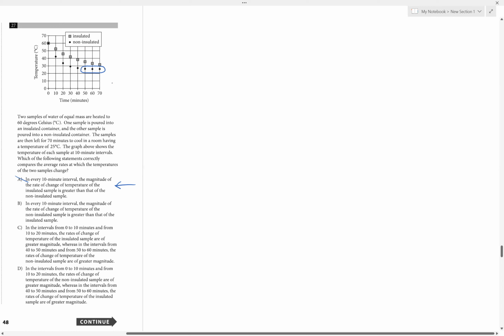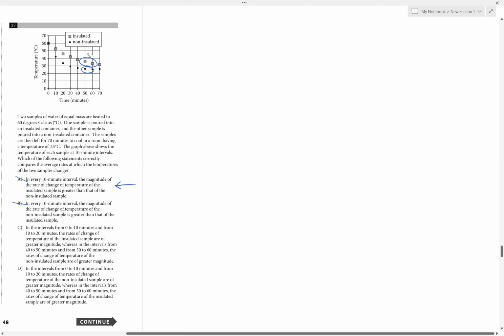The dots kind of stay the same, so there's pretty much no change. But during the same interval, we see the insulated sample is still decreasing. Yeah, the change is not big, but it's still decreasing a little bit, we can tell. That makes it a bigger change for the insulated sample compared to the non-insulated. So from here we can tell B is also wrong.